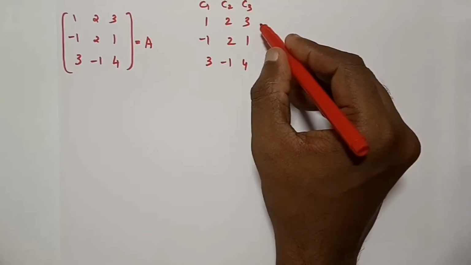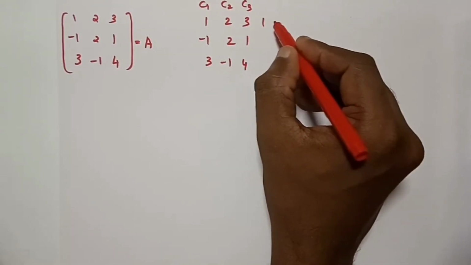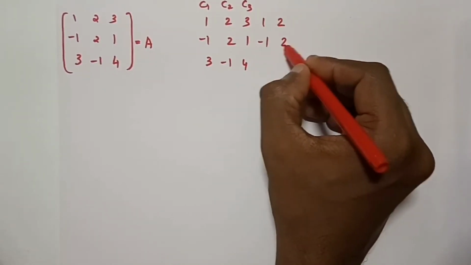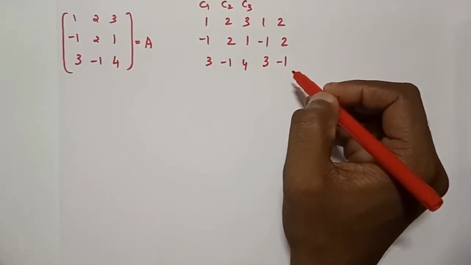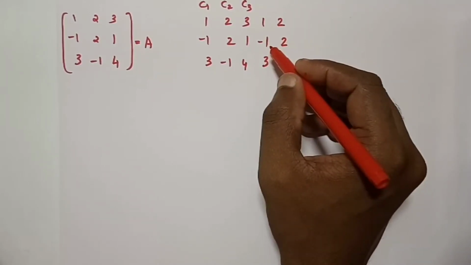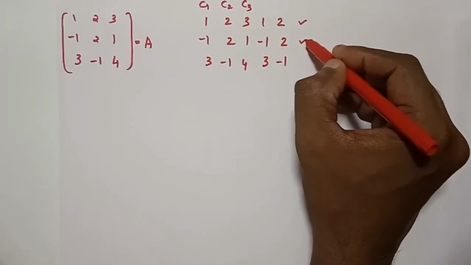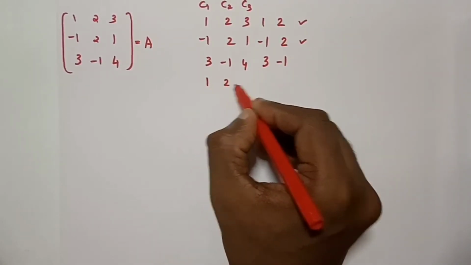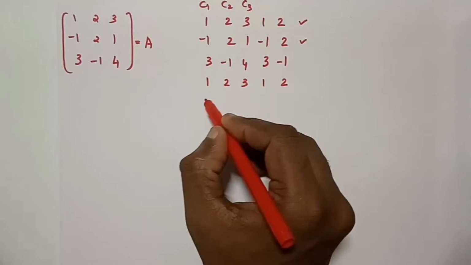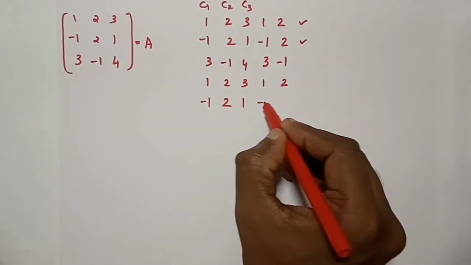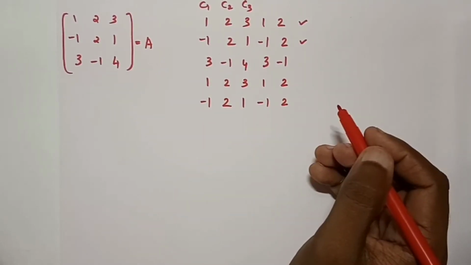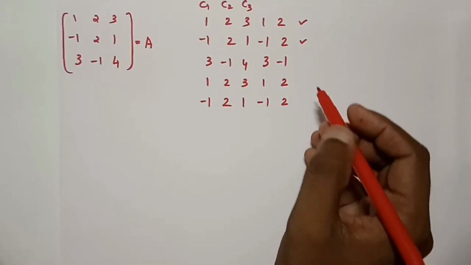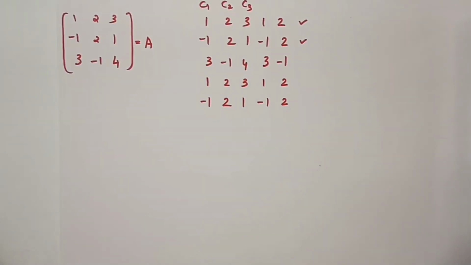So what I get is 1, 2, minus 1, 2, 3, minus 1. And after doing this, these 2 rows of this matrix I'm going to repeat down: 1, 2, 3, 1, 2, minus 1, 2, 1, minus 1, 2. After doing that, what we have is a 5 by 5 matrix over here.